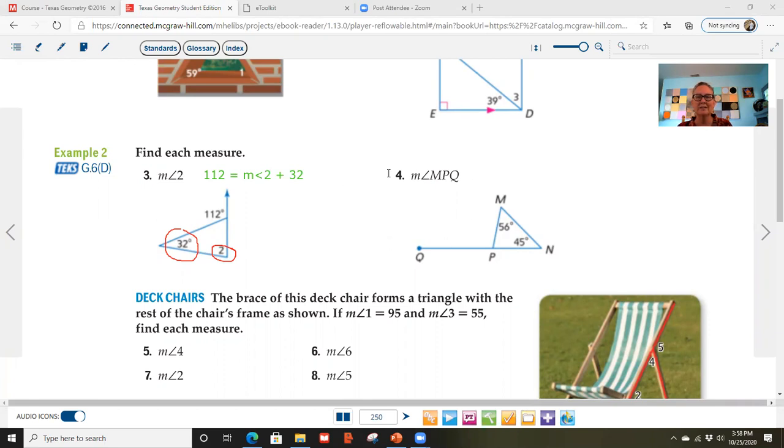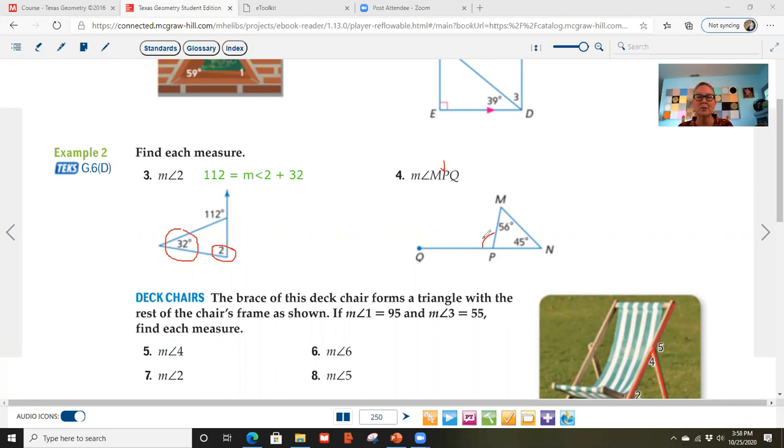And in number 4, they give you 2 angles inside triangle MNP, and then this side right here of the triangle, that's the side they made longer. So this right here is the exterior angle. So the measure of angle MPQ, remember how you name an angle, the middle letter is the vertex, and the M tells me that's one side of the angle, and the Q tells me to go that direction.